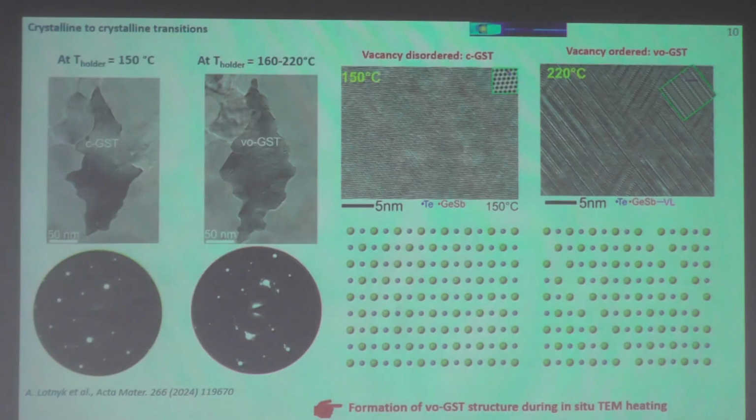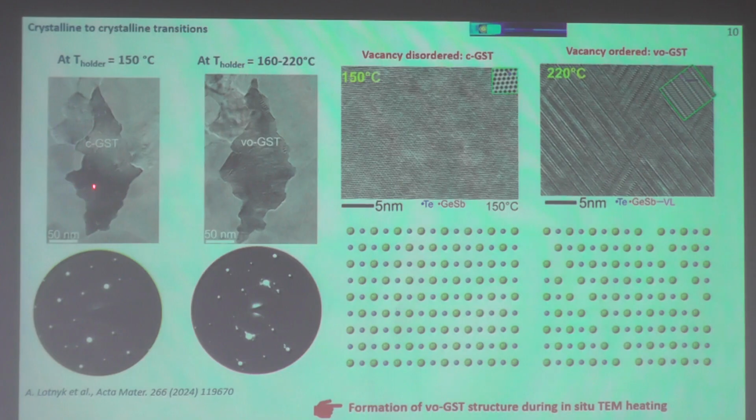So now let me consider some crystalline phase changes. Such crystalline to crystalline phase changes can be nicely studied by in situ or ex situ methods. In this case, we performed in situ electron microscopy, and we were interested in this crystalline to crystalline transition, particularly in the cubic GST phase.